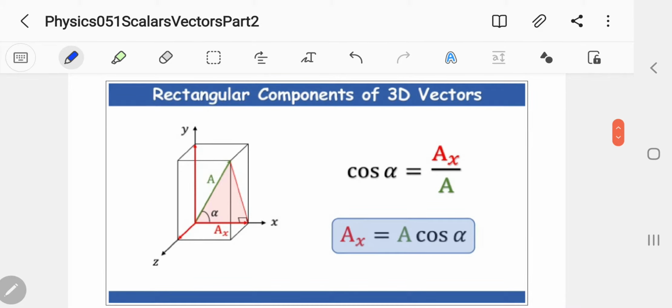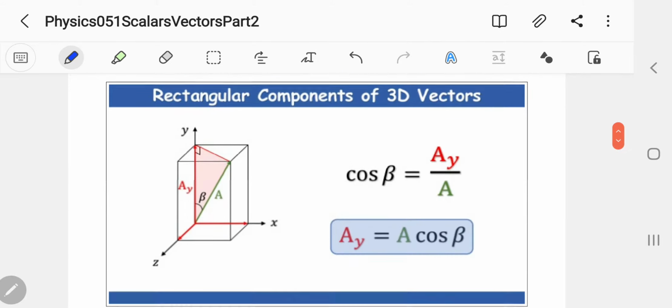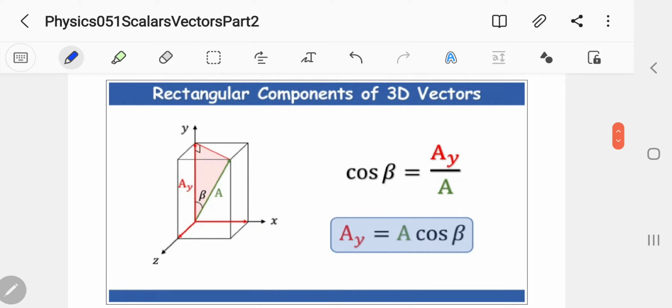So how do you get the angle between a and the x-axis? So you just get cosine alpha equals ax over a. It's a projection of a on the x-axis, so your ax would be this one. So this is alpha, and of course the orientation on the y-axis would be different, so you have a different angle.